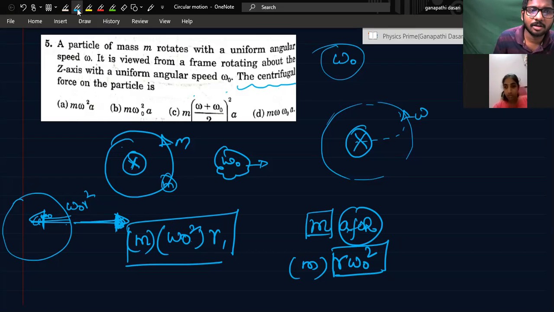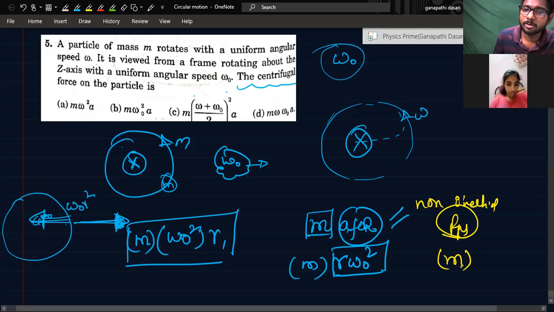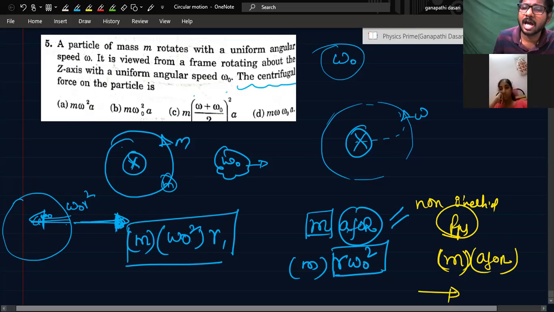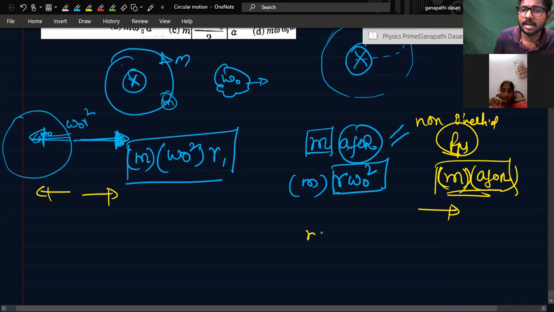Go to the centrifugal force concept that I taught you, and go to the non-inertial frame of reference, the pseudo force concept, where I gave how to take the pseudo force: mass of the object that you are observing into acceleration of the frame of reference, in the opposite direction. The frame of reference acceleration is towards the center, and this will be away from the center. Here the acceleration of the frame of reference is what? m into r into omega naught square.